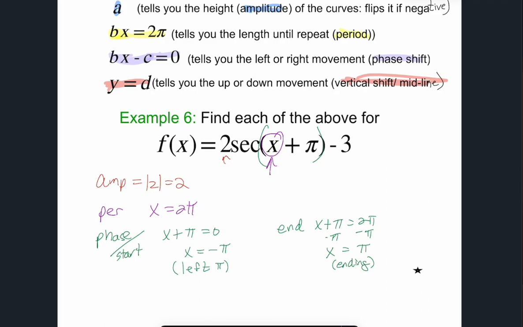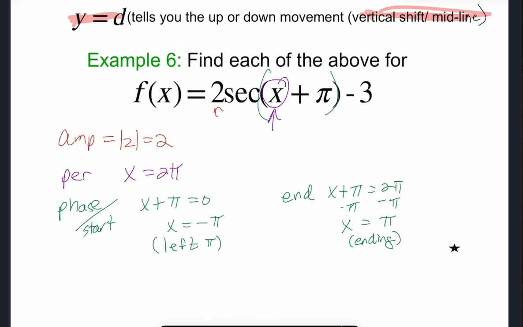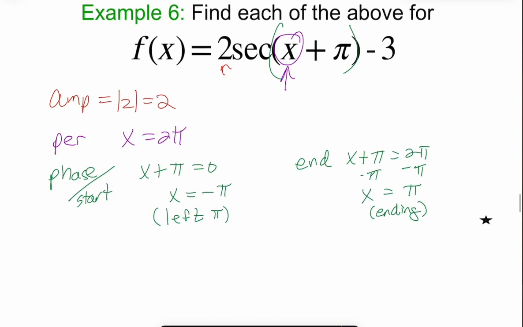Let's see what else I forgot. Period, phase shift. Oh, last one. Thank you. So the last one here is our vertical shift. So the midline is -3, so we have gone down 3.